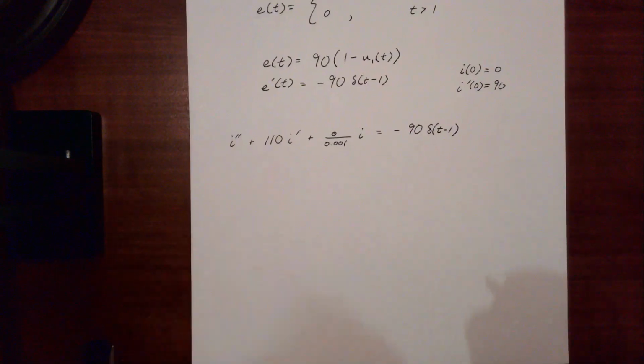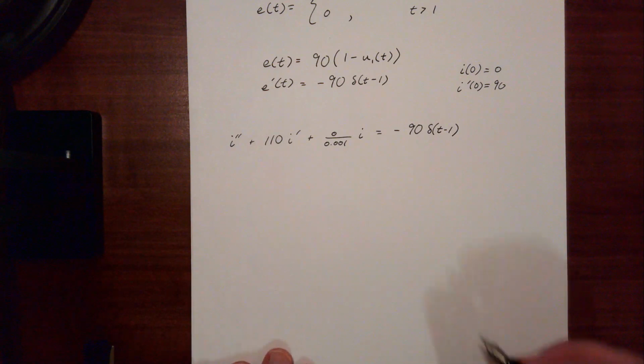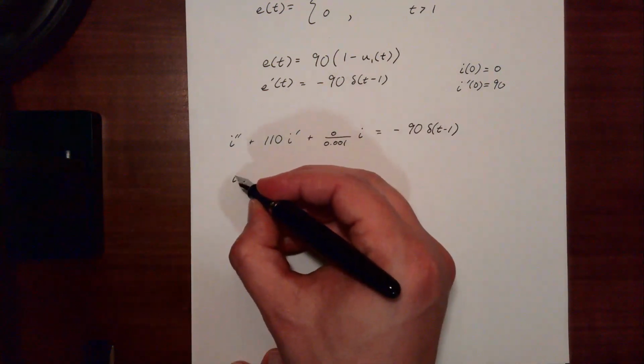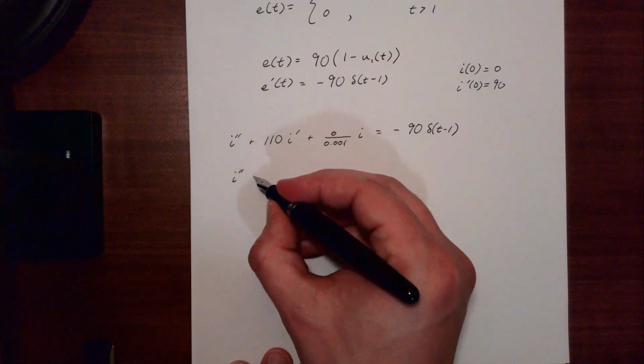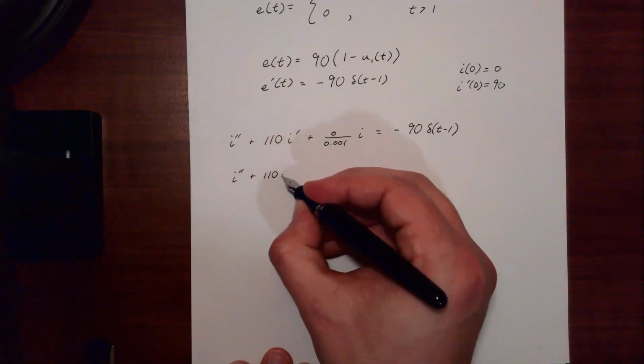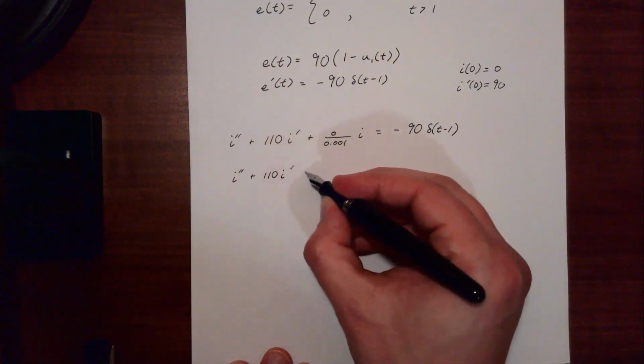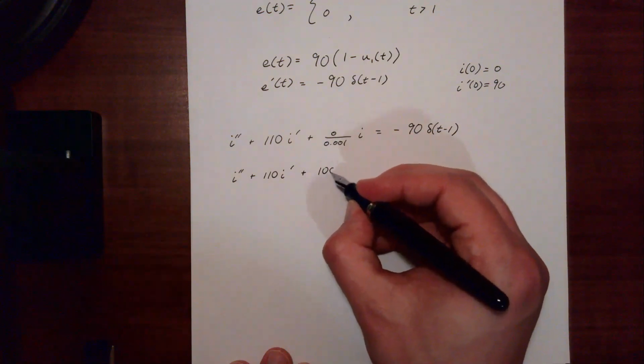So this is now the differential equation that we use for our circuits. Well, first off, we can't deal with that, so let's go ahead and rewrite that as 1000 I.